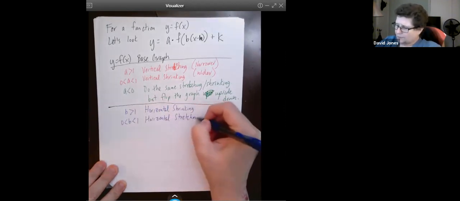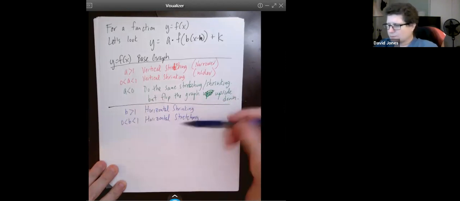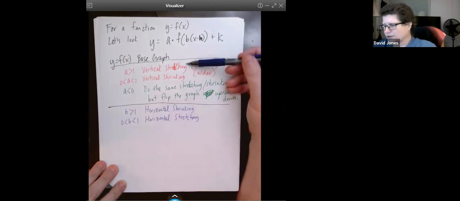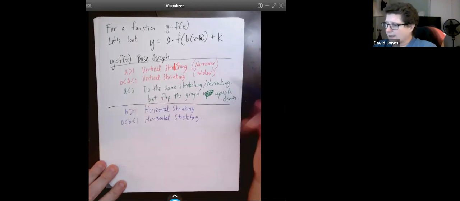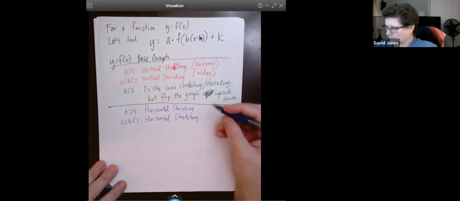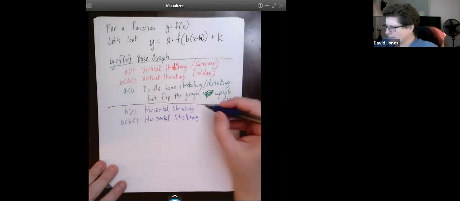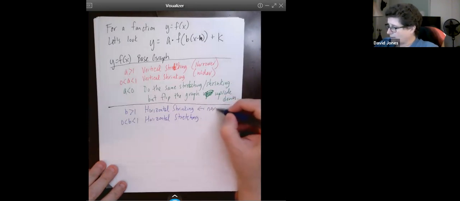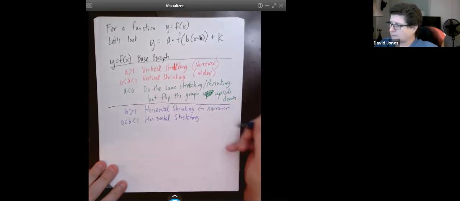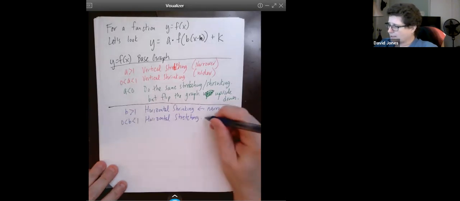And these are backwards from the other ones. Notice a greater than 1 was stretching, b greater than 1 is shrinking. I'll show you what I mean by that in a second. This makes the graph narrower, and this makes the graph look wider.